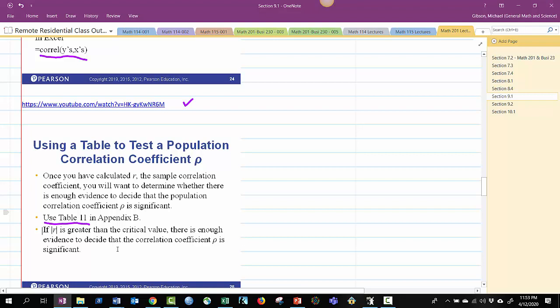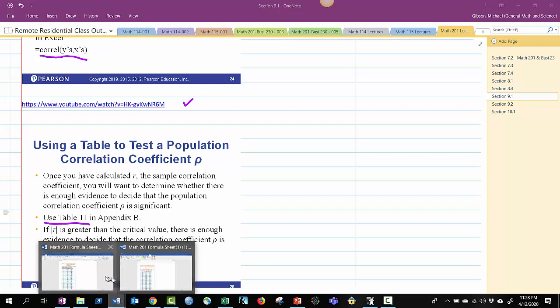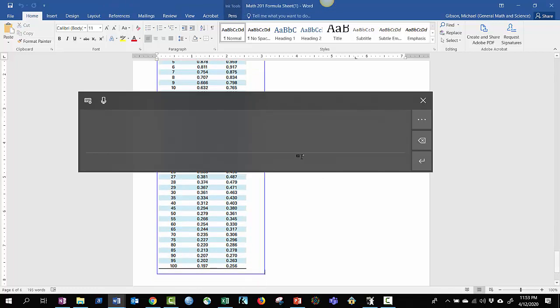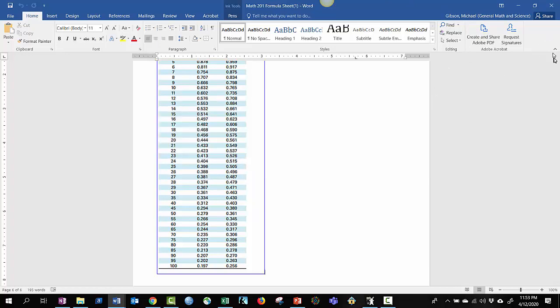In the course content area in Blackboard, find the statistical tables. One of the tables in there is this one, critical values for the Pearson correlation coefficient. If you get a question where you can use this, all you have to do is see whether or not R is bigger than the cutoff shown in the table.